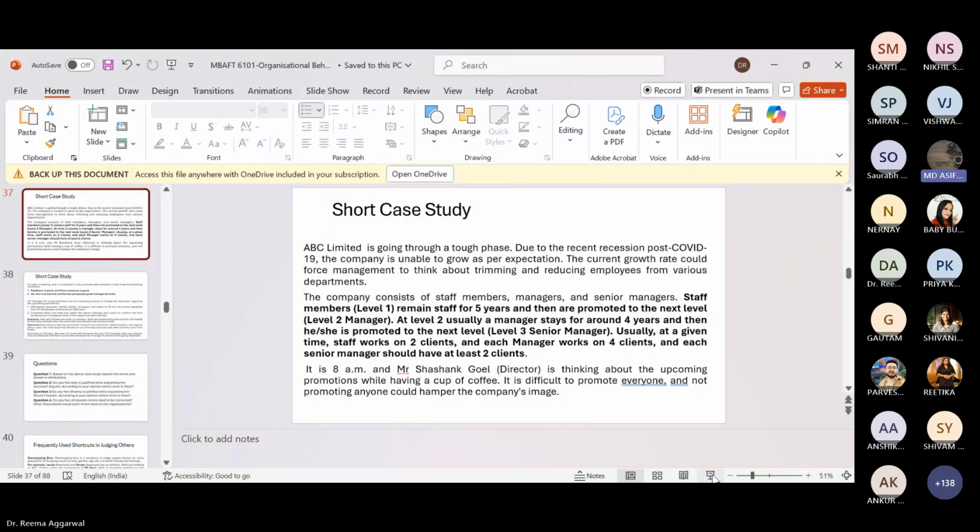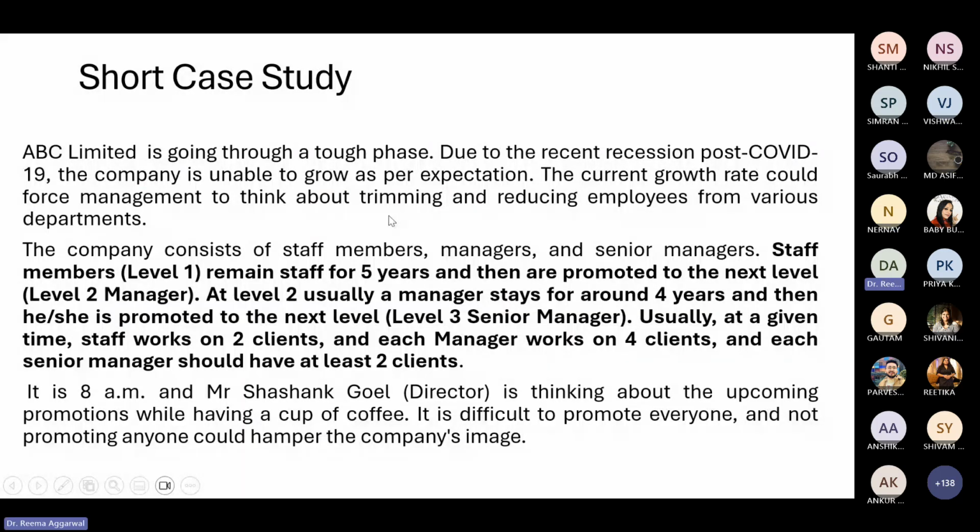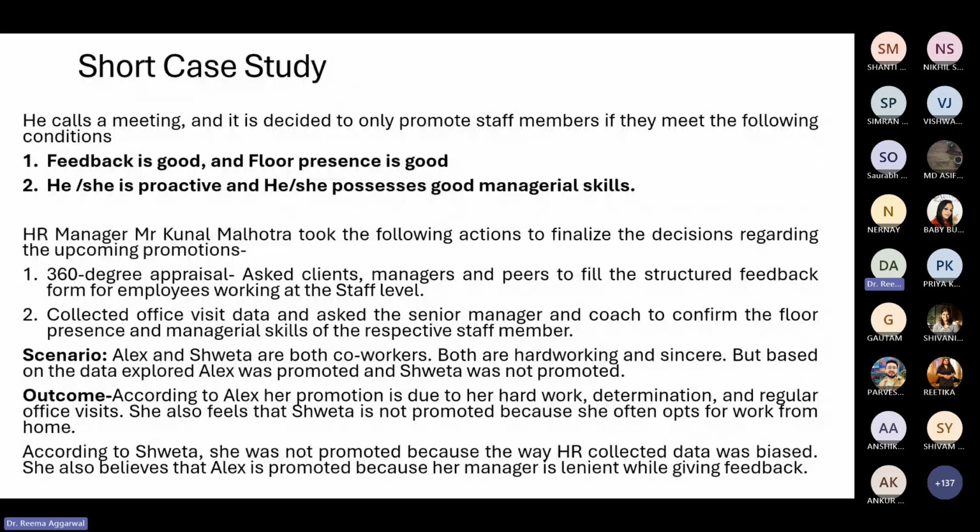Yes, ma'am. In short, there is an ABC Limited company, right? They are going through a recession. So Shashank Goyal, the director, in a meeting, decided that based on the feedback and the managerial skills, staff members will be promoted. Kunal Malhotra, the HR manager, took a 360-degree appraisal.